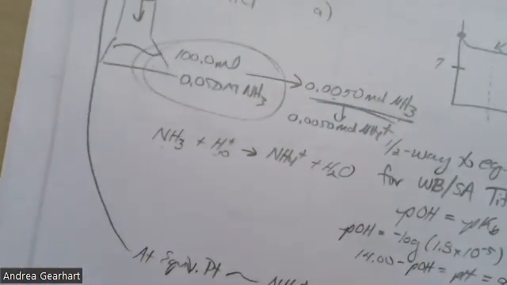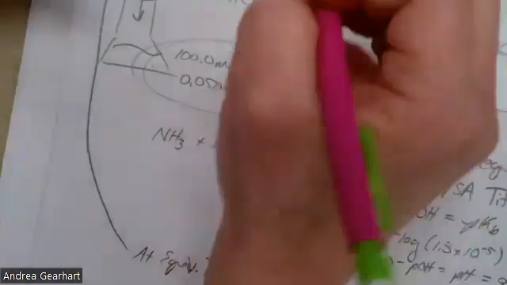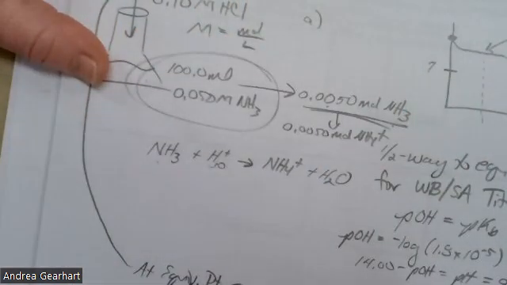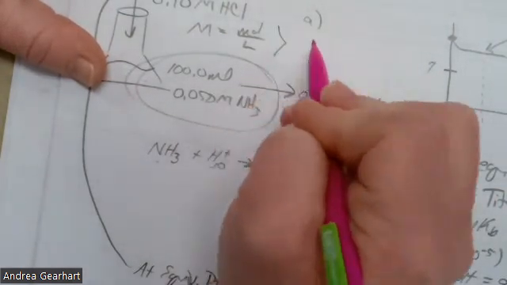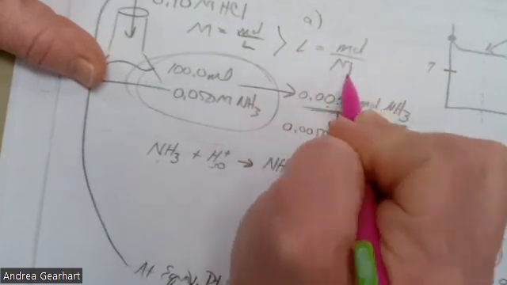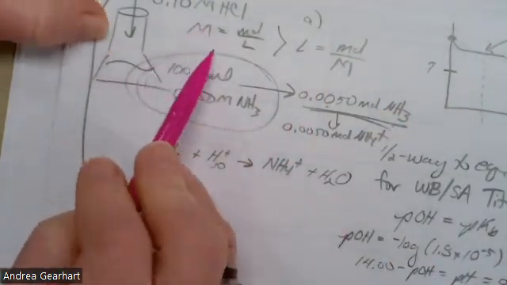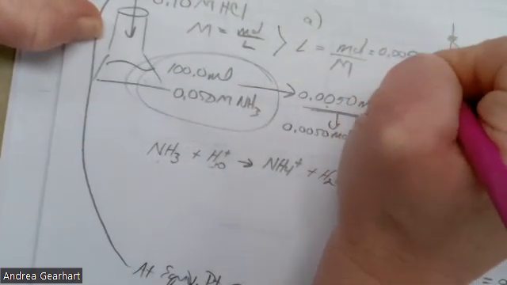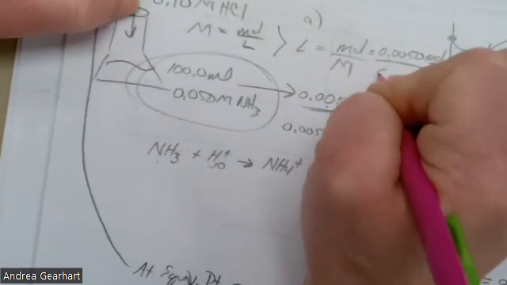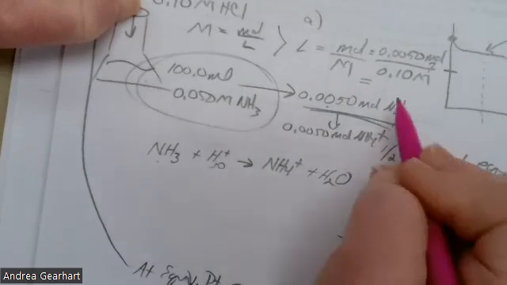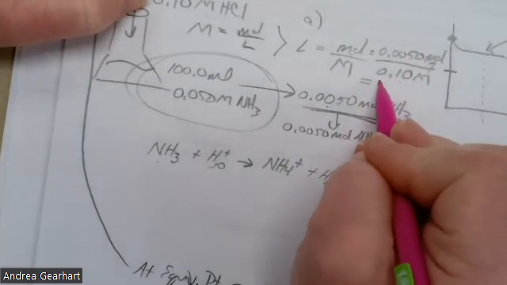How do I find out what my total volume is? You know that you have the same number of moles of HCl and NH3. You're right.